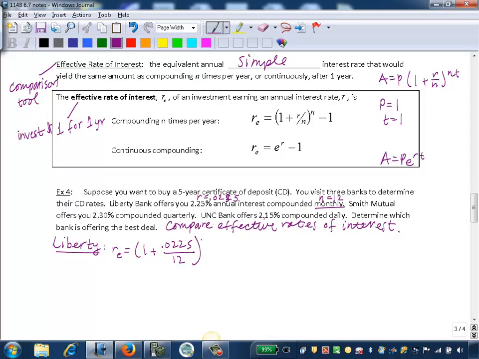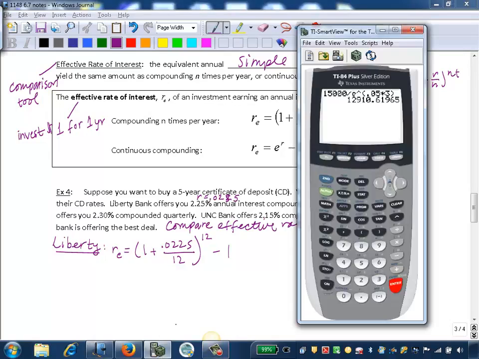Close those parentheses, raise to the 12th power. So this would be the value of that $1 at the end of that year. Then if we subtract off the original investment of $1, it'll show us the money that we would make, the interest we'd make. So we can enter it into the calculator.